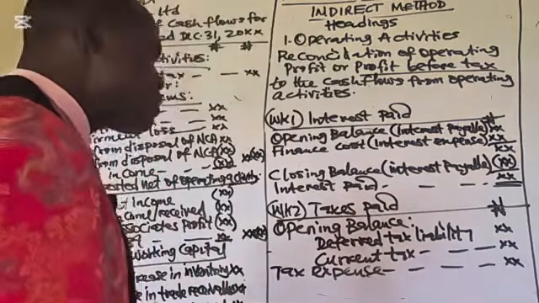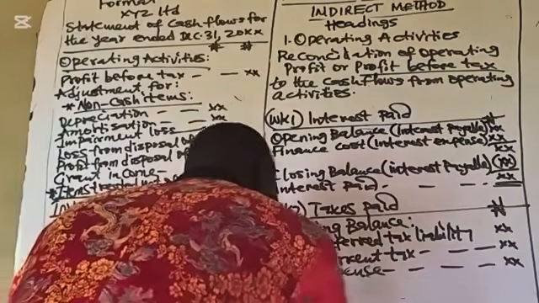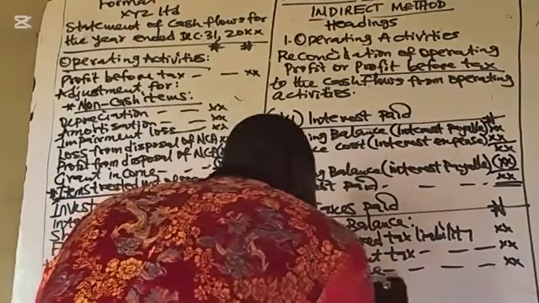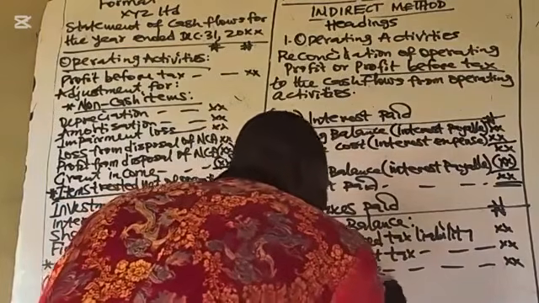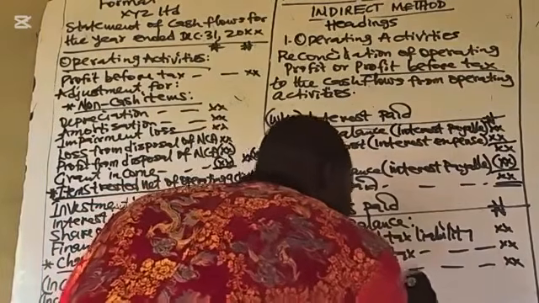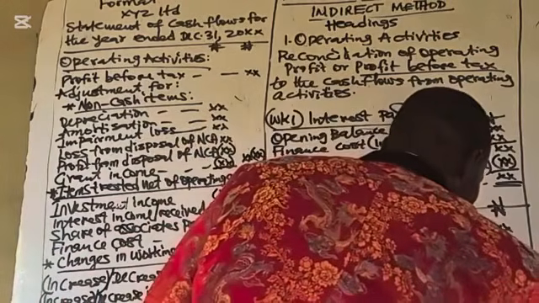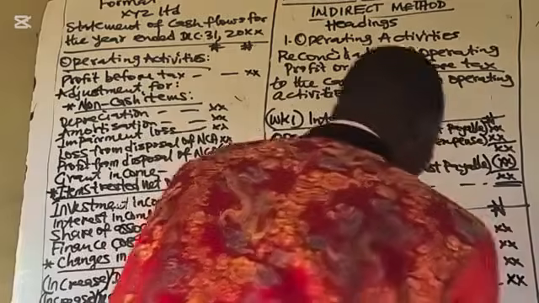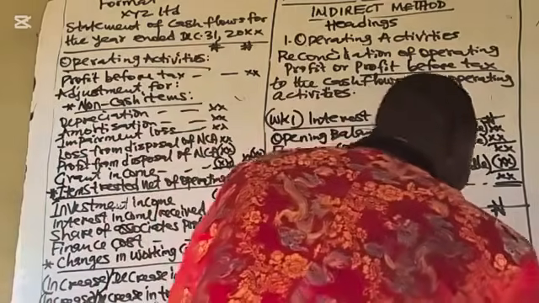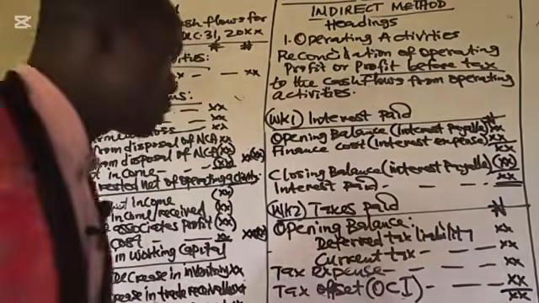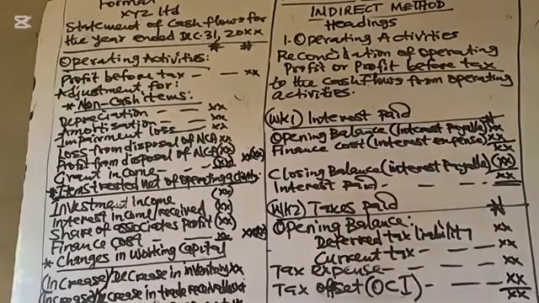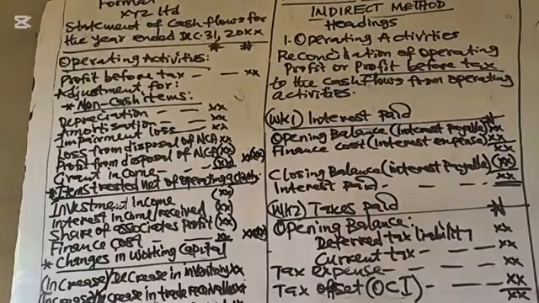Then if you have tax offset, that is under other comprehensive income. Tax offset, so you add. So after this adjustment, you subtract the closing balances.